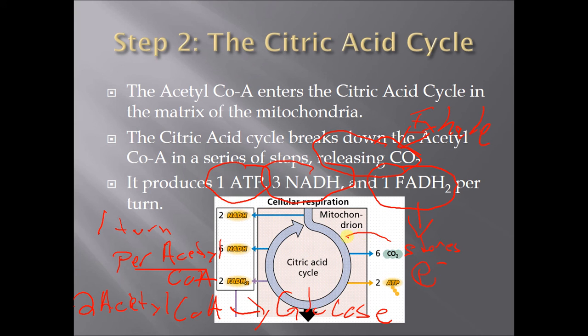And you can see here what's produced. 2 carbon dioxides, 2 ATP, and then all of these NADHs. We get 6 NADHs in total for 1 glucose molecule, 2 FADH2, and then 2 NADHs from our pyruvate oxidation. So all this potential electrons to use in the electron transport chain, 2 ATP from one glucose molecule, so 2 turns.